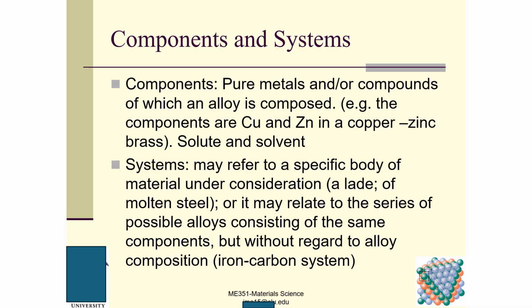So here is the iron-carbon system. By the way, the iron-carbon system is one of the most important topics in material science. We are going to use several class sessions to talk about iron-carbon systems, because iron and carbon, we call the steel. Steels are the most important.